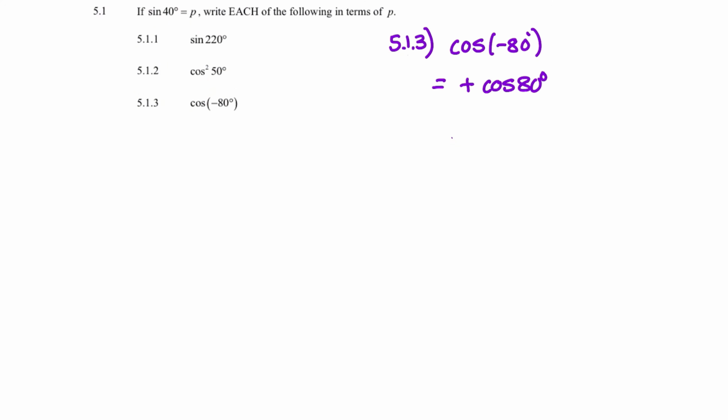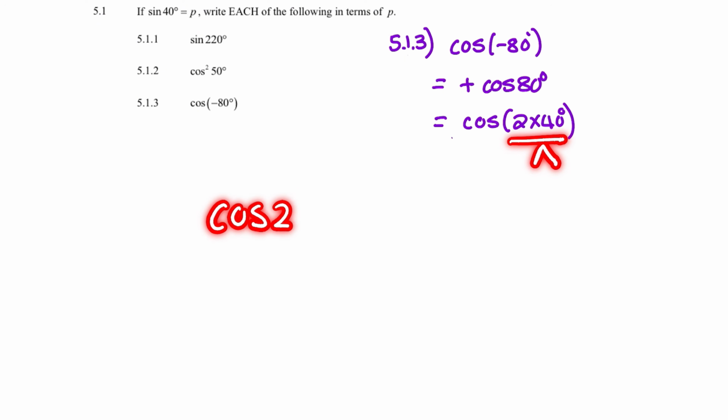Then I notice that 80 degrees is twice the size of 40 degrees. So we can rewrite 80 as 2 times 40 degrees. And that is a double angle. So we can use our formula sheet, and remember, for a double angle for cosine, we have 3 options. And one of the options has sine in it.